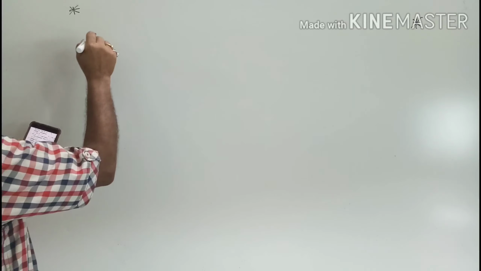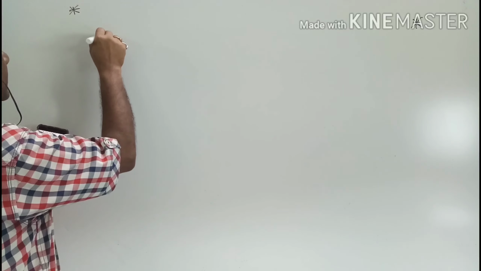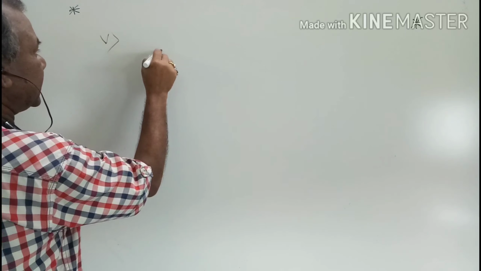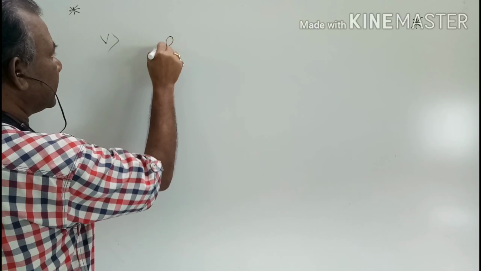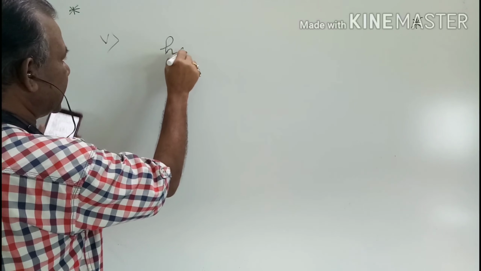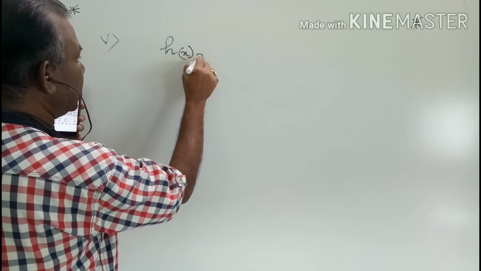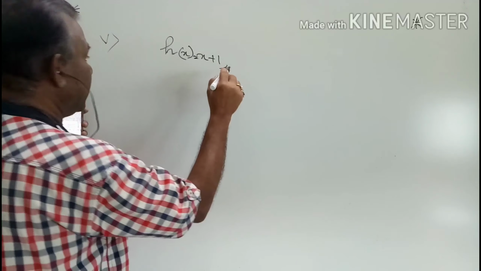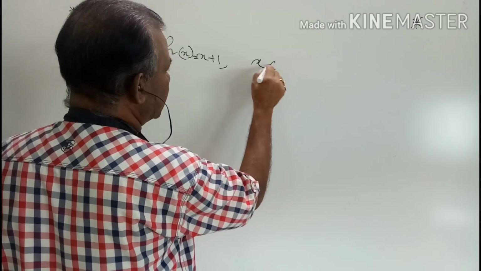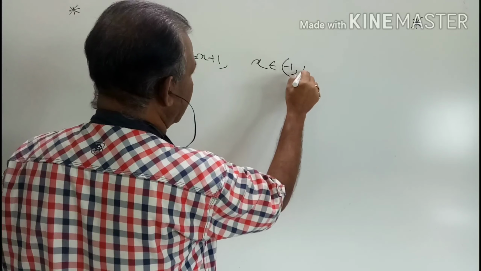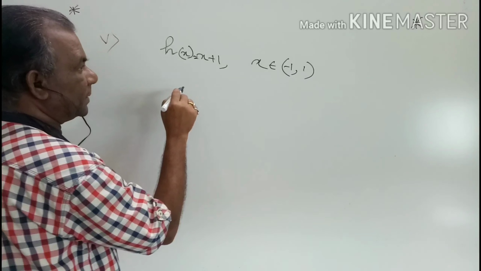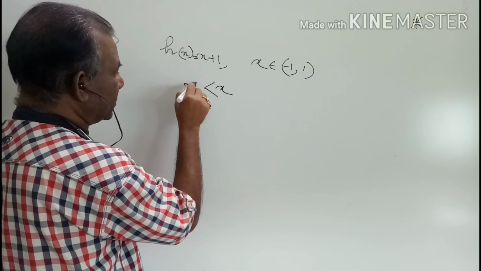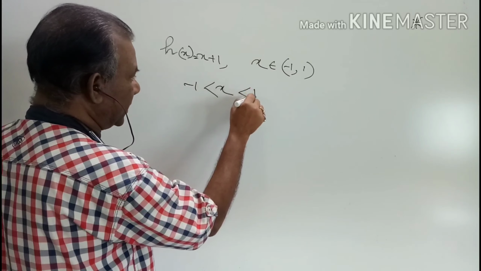Fifth question. You see, h of x equal to x plus 1, where x belongs to the open interval minus 1 to plus 1. That means x is greater than minus 1 but less than 1.